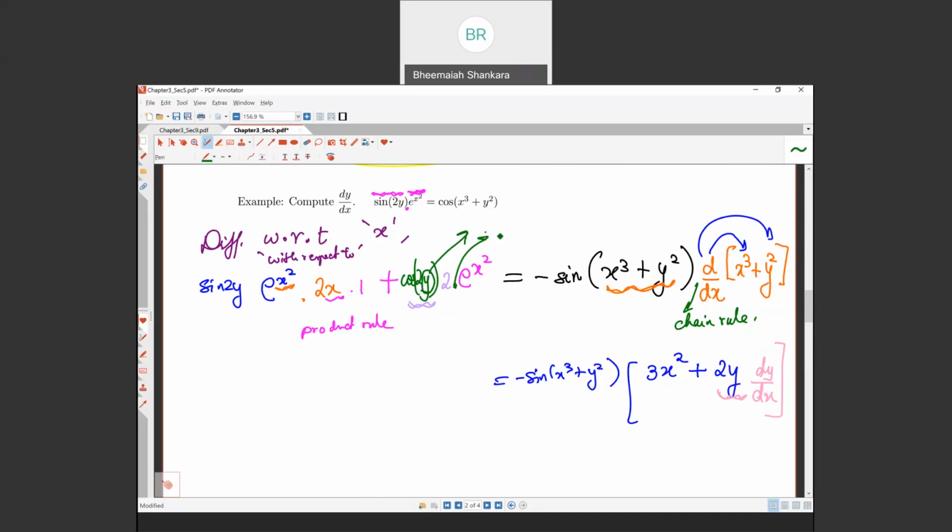You do have to derive y also, so let's write dy over dx. Whenever you see an x function, the derivative of x with respect to x is 1. But whenever you see a function y in implicit differentiation, you have to derive it with respect to x. So we missed deriving the variable y, so I'm going to add a dy over dx term here.